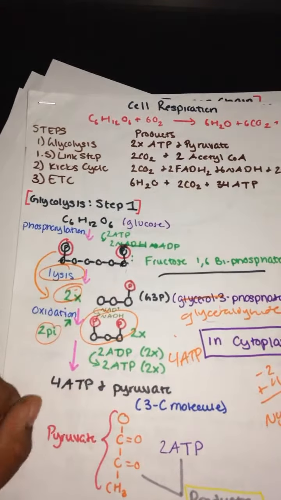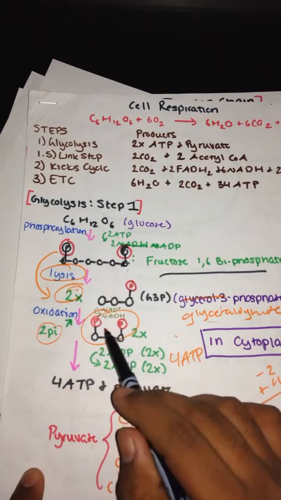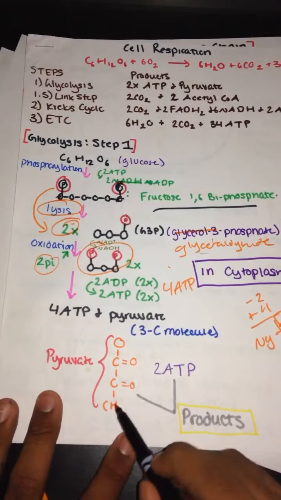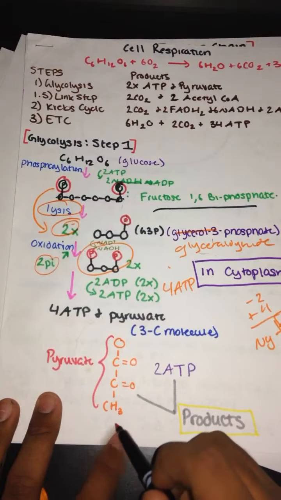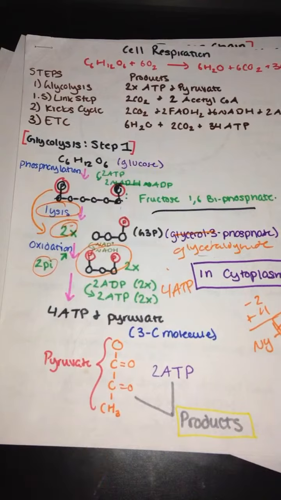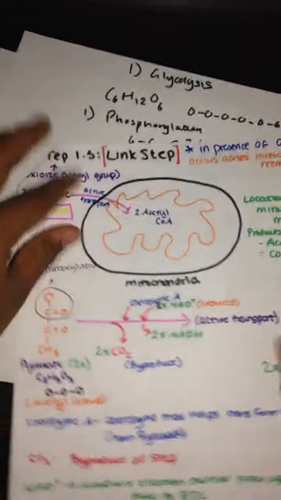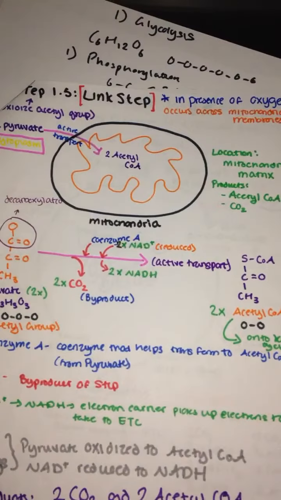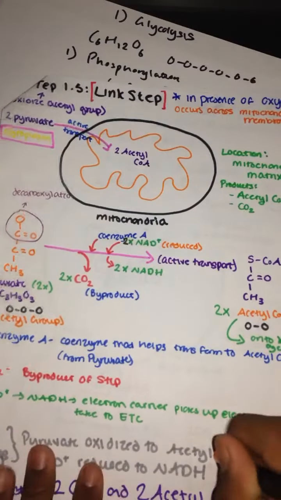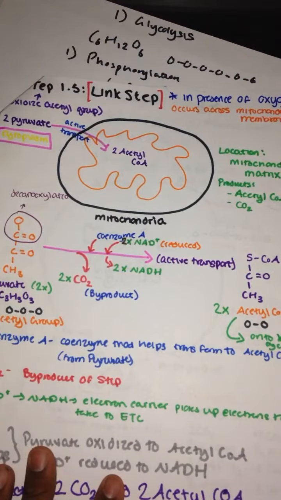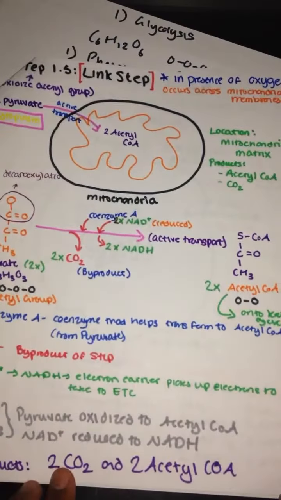And after that, you're left with a 3-carbon sugar without the inorganic phosphates, and it is called pyruvate, and you have 2 of them. This pyruvate is what's used to go through the link step in aerobic respiration, which is the focus right now. So these pyruvates, what's going to happen in the link step is this. First, I forgot to mention that glycolysis occurs in the cytoplasm of a cell.